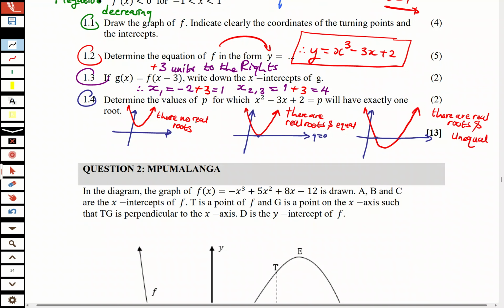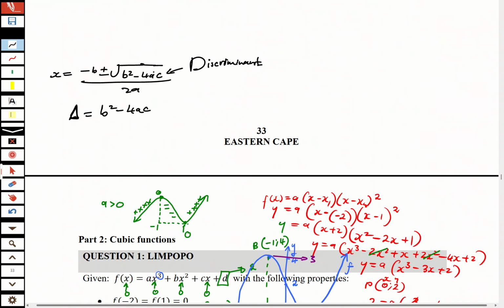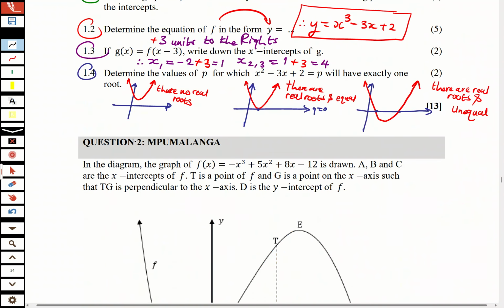Since here you don't have real roots, it means what is inside there is negative. Once this becomes negative, it is undefined. You cannot find the roots of your quadratic function. So we say b squared minus 4ac is less than 0, meaning negative.